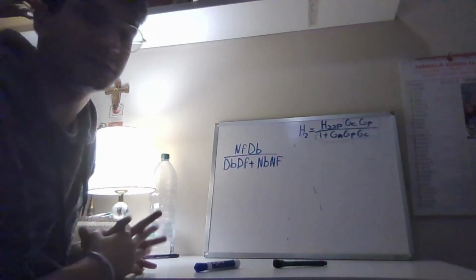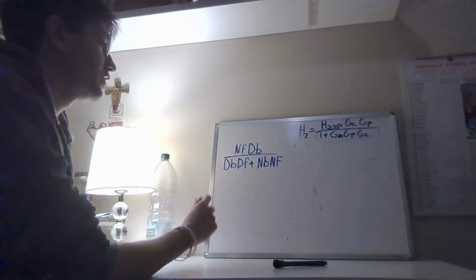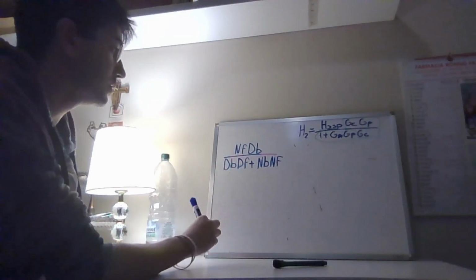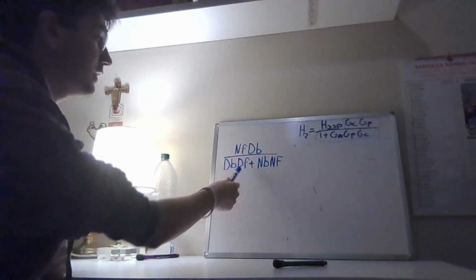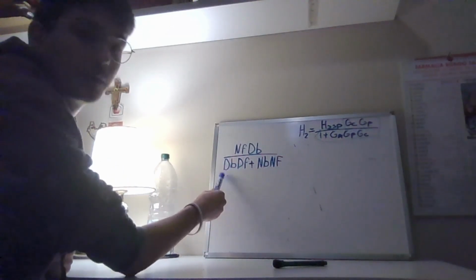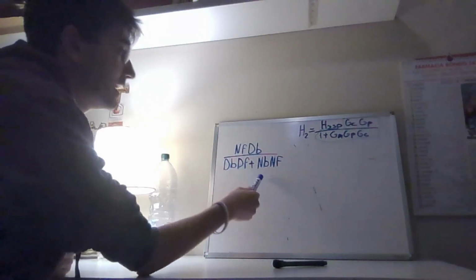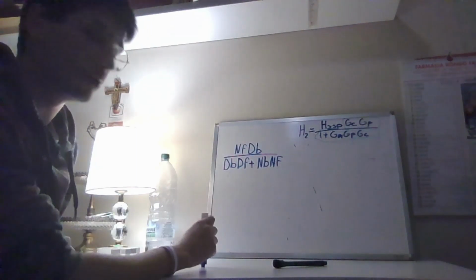We can't simplify this even more, as we have our NF multiplied by dB, which is our numerator of a forward reaction multiplied by a denominator of a backwards reaction, all over dB/dF, which is our denominator backwards multiplied by a denominator forwards, plus NB/NF, which is our numerator backwards multiplied by our numerator forwards.